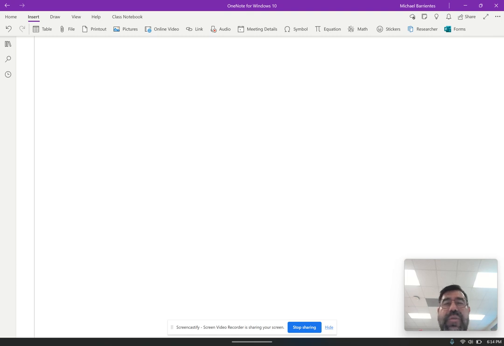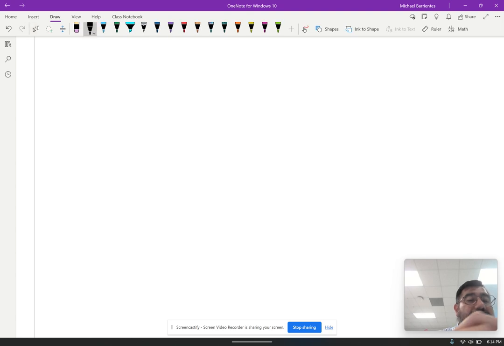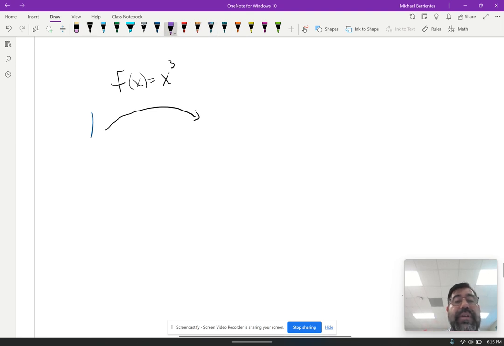But before we do that, I wanted to quickly review what an inverse function means. For example, I could have a function f of x equals x to the third power. This means for every input I have, the function performs an operation and I get an output on the other side.